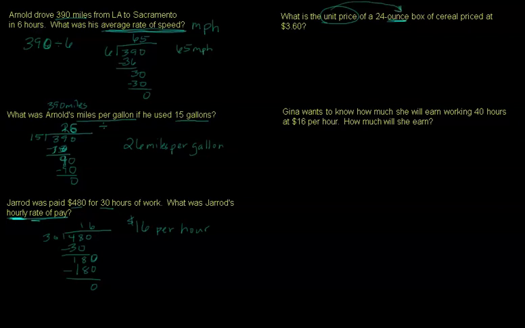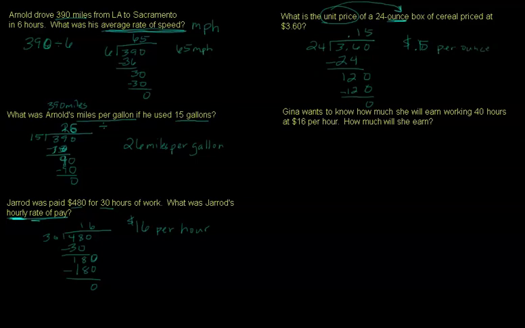So we're going to take $3.60 divided by 24. It's going to be a small amount. So it's 15 cents per ounce.